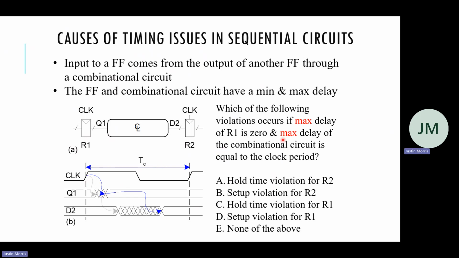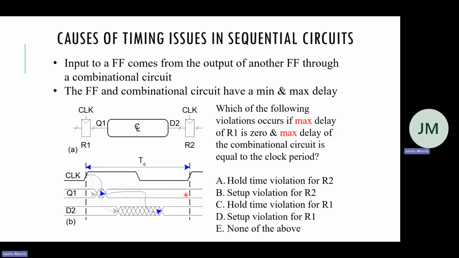And then the maximum delay of the combinational circuits is equal to the clock period. So that's the propagation delay, or T_PD, of this combinational logic, right? And that would be represented by this arrow. But we're saying that this arrow is really the same amount of time as this whole clock period, right? So then what do we need to ensure before the clock edge?